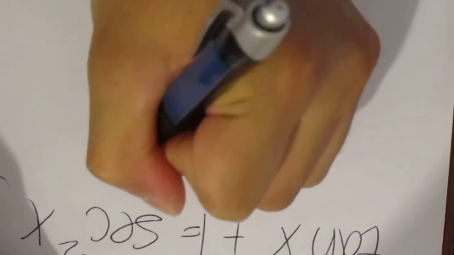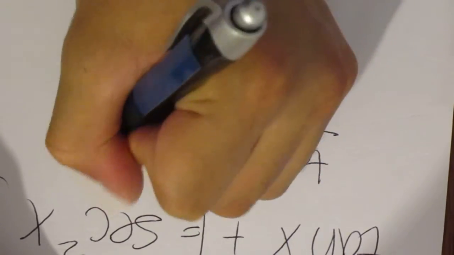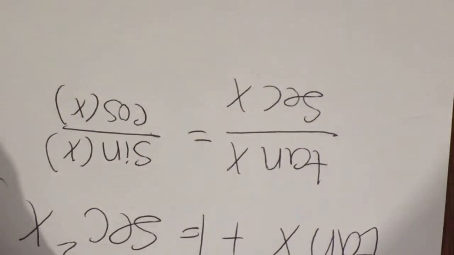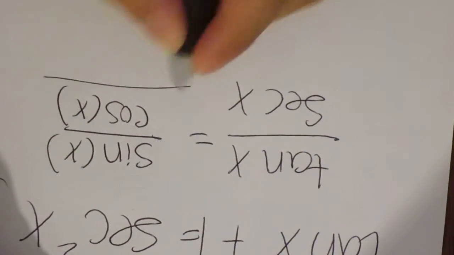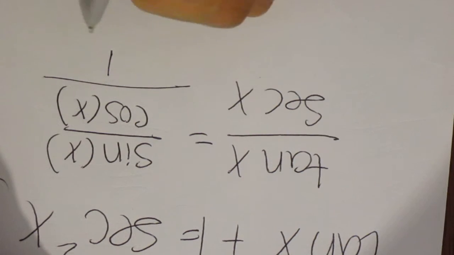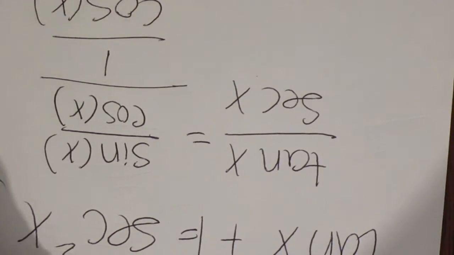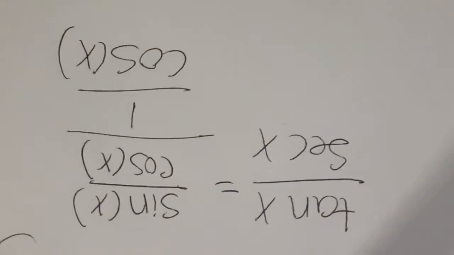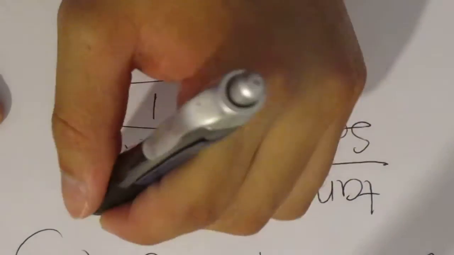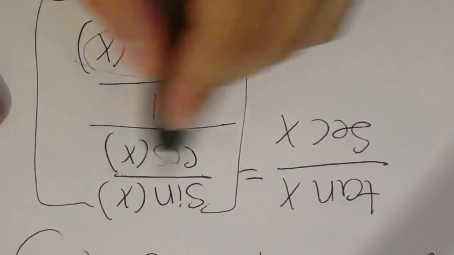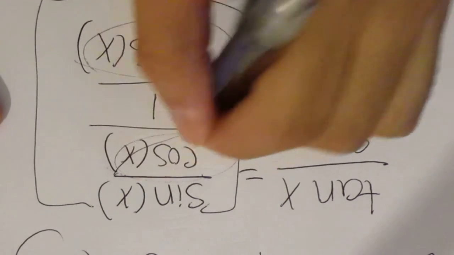Tangent is sine of x over cosine of x, over 1 over cosine of x. Can you see that the LCD is cosine x and they cancel?